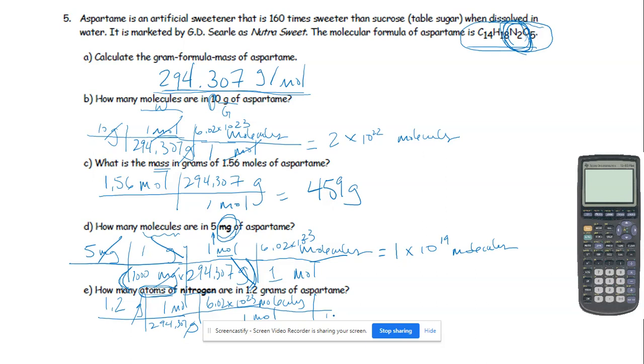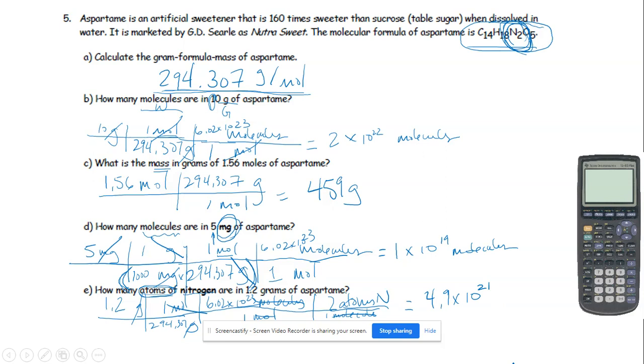So in every 1 molecule of aspartame, there are 2 atoms of nitrogen. So we got our grams to cancel out, our moles cancel out, molecules cancel out, and now I'm left with atoms of nitrogen. Do all that math, and you should get 4.9 times 10 to the 21st atoms of nitrogen.